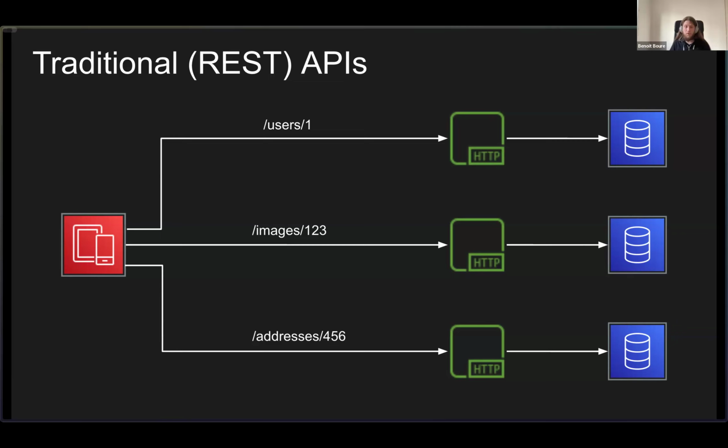Now, a second problem, as opposed to underfetching, is overfetching. Overfetching happens when you call the /users API, and it gives you the ID of the user, the name, say the email, but it also gives you, I don't know, a biography, which is 3-5 paragraphs long.